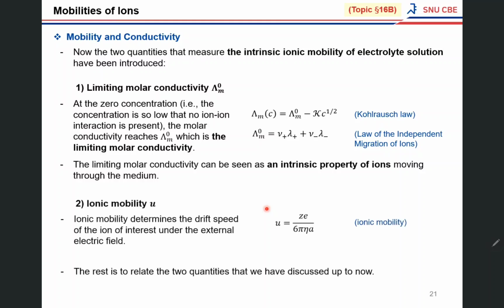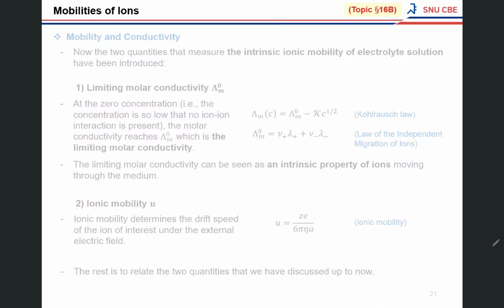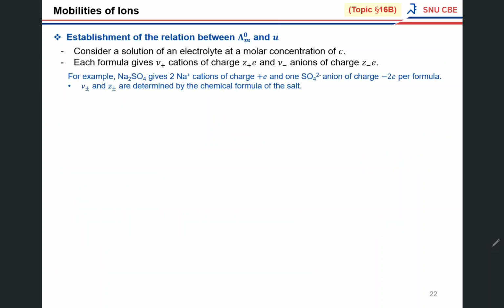And in the second part of this lecture, we also discussed ionic mobility, small u, which is related to the amount of charge and the hydration radius, according to the Stokes law. For the rest of the lecture, we will establish the direct relation between the limiting molar conductivity and the ionic mobility.